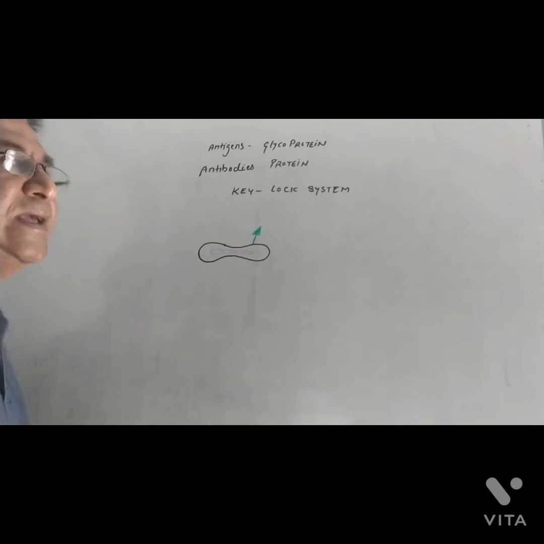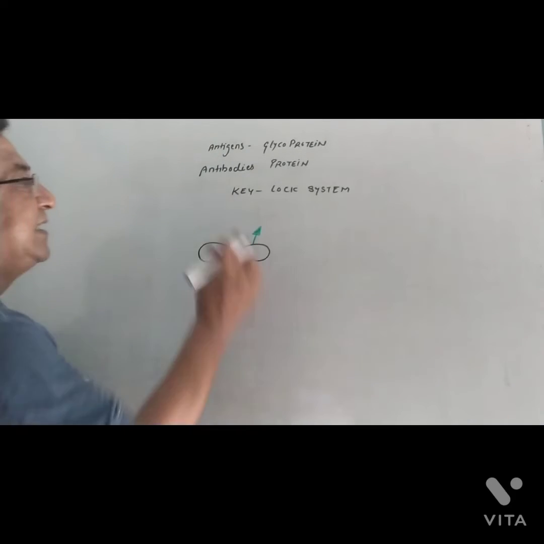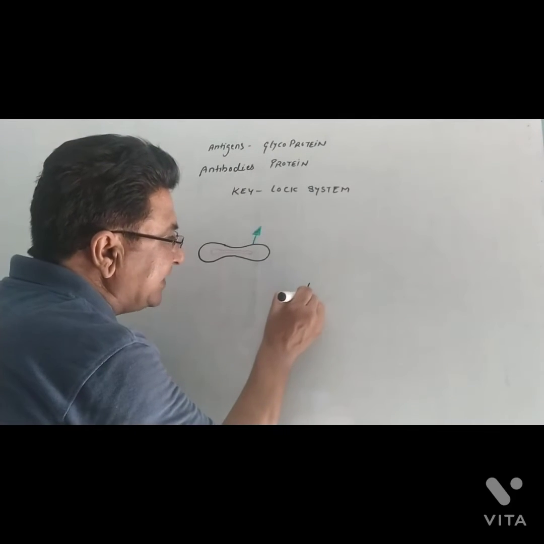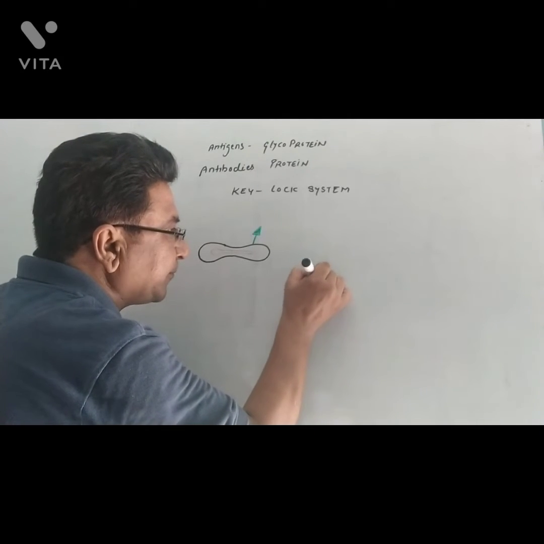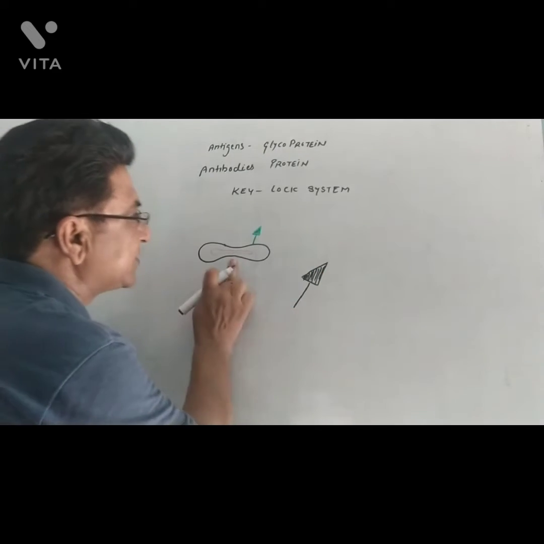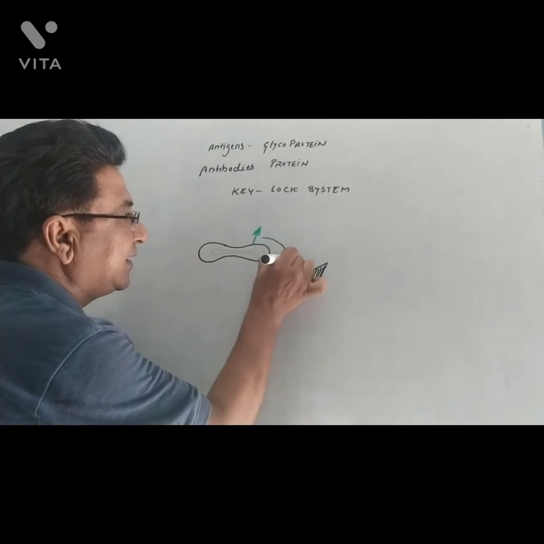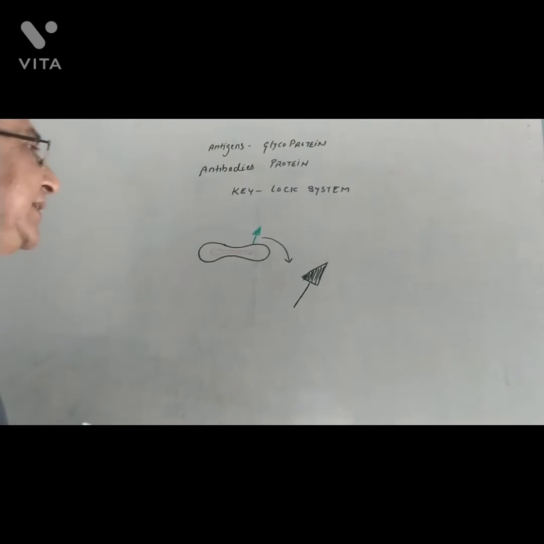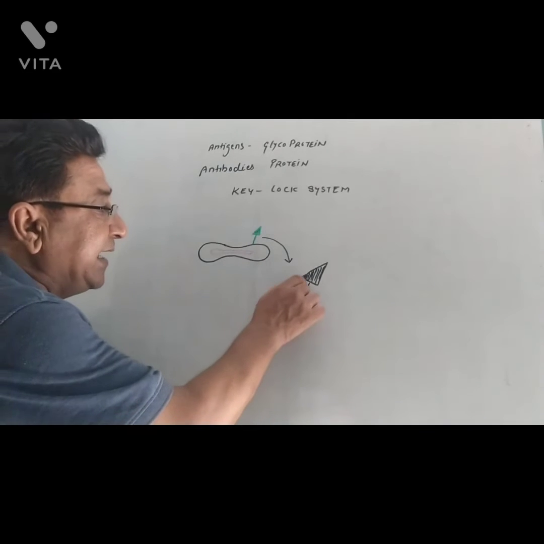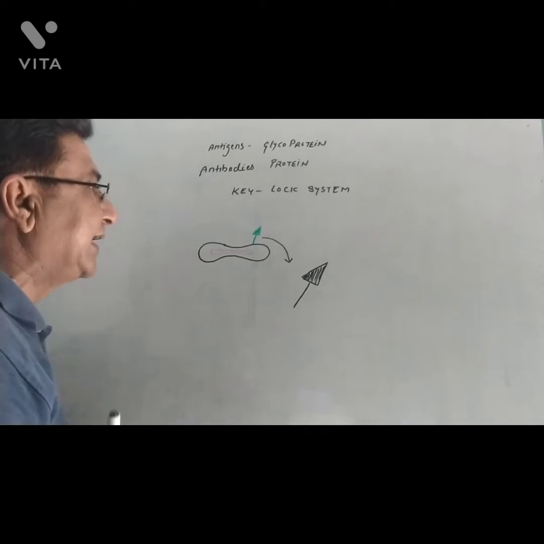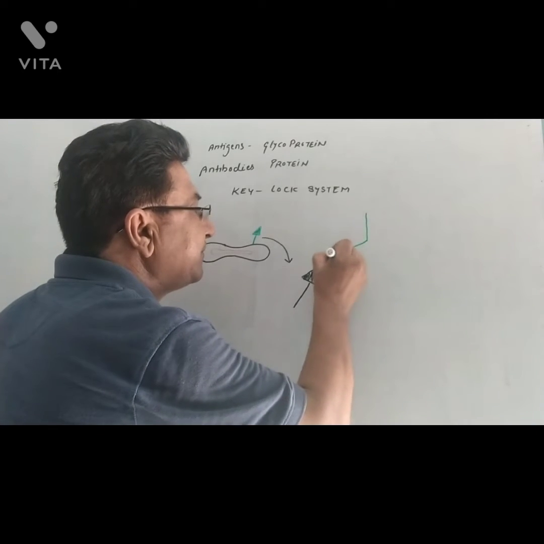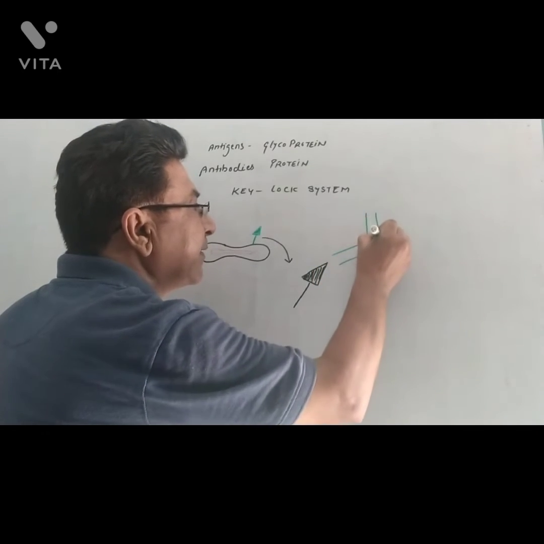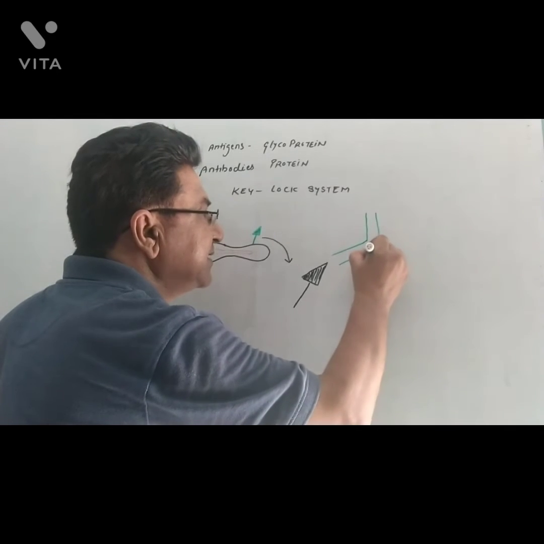To understand it, let us make a bigger diagram of the key lock system. If antigen A is present, it has a triangular shape, correct? It is present on the surface of RBCs. I am just making a bigger structure of antigen. Now let's make the diagram of an antibody. Antibody has this kind of structure.